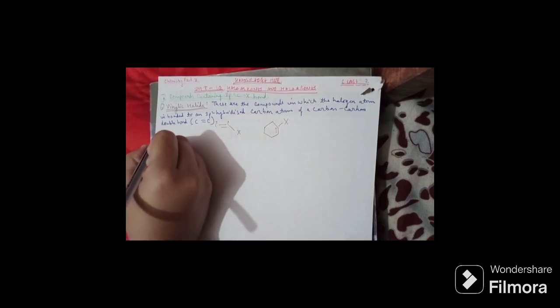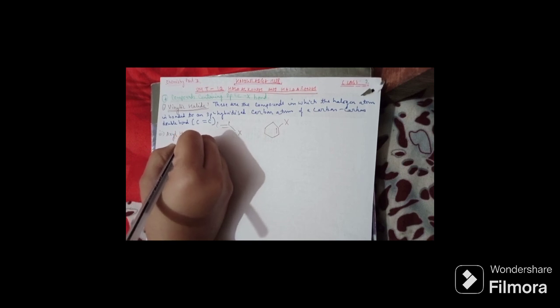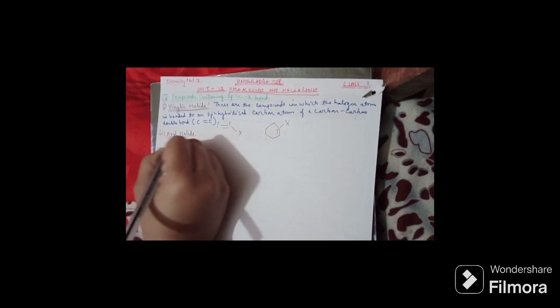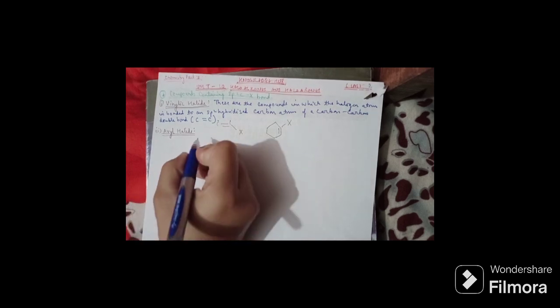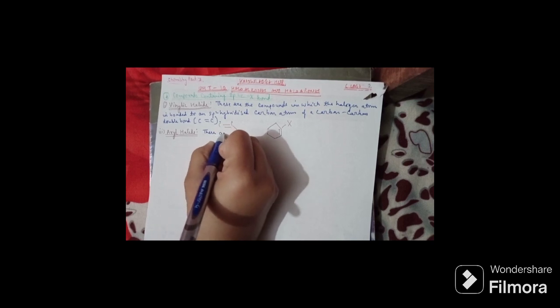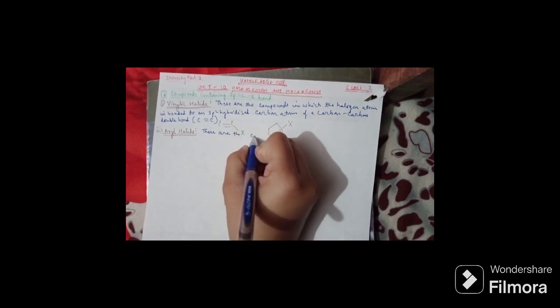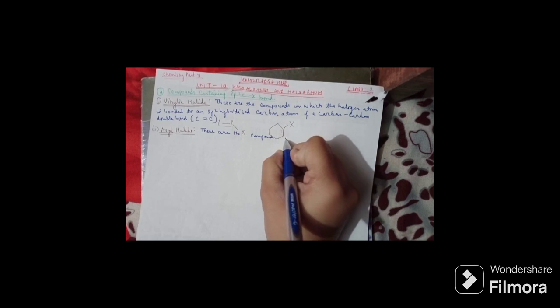Aryl halides are the compounds in which the halogen atom is bonded to an sp2 hybridized carbon atom of an aromatic ring.